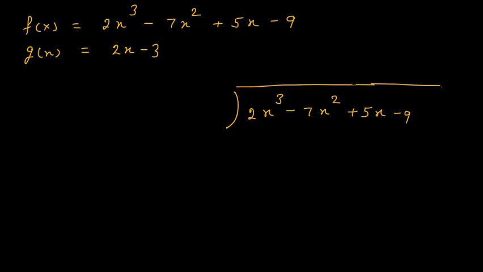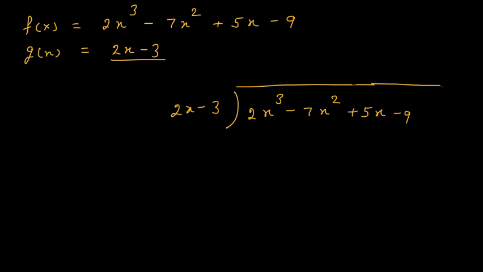So, if your polynomial is like minus 7x square plus 2x cube, then you first write the x cube term. You start with the term with the highest degree and then keep on decreasing. This you follow for the dividend, and the same rule you follow for the divisor. In our problem, the dividend and divisor are written with their highest degree first. So, no problem, I will write this as 2x minus 3. Okay, this is the divisor.